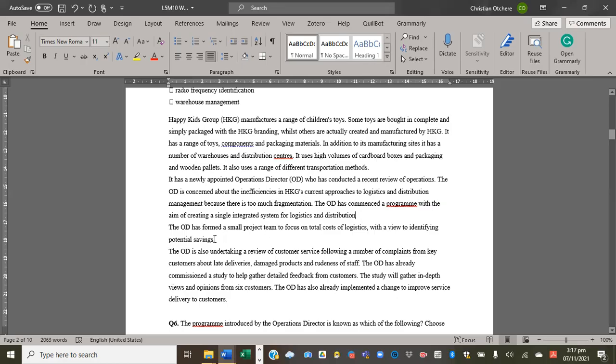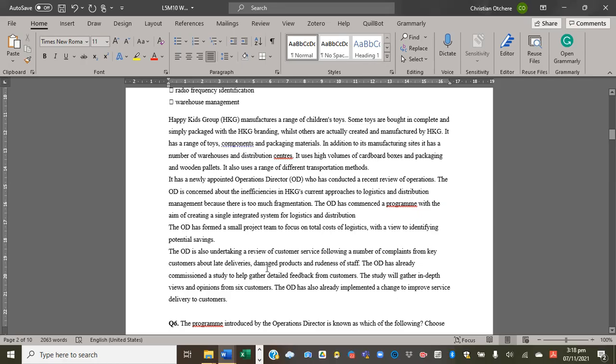Okay, so let's proceed. The operations director has formed a small project team to focus on total costs of logistics with a view to identifying potential savings. The OD is also undertaking a review of customer service following a number of complaints from key customers about late deliveries, damaged products, and rudeness of staff.